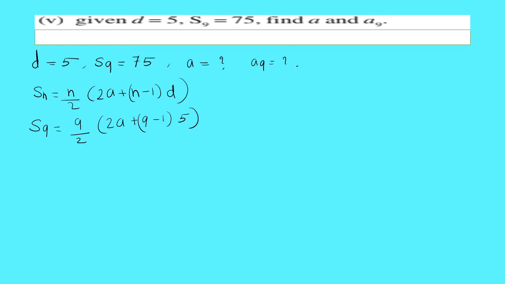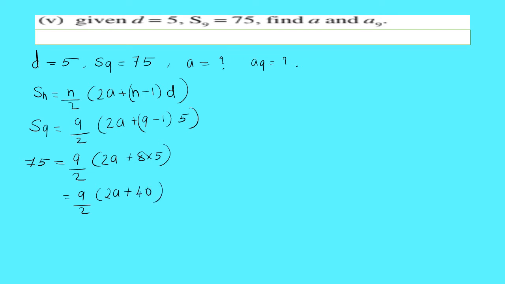Now S9 is 75, so you can write it as 75 equal to 9 upon 2 multiplied by 2a plus 8 multiplied by 5. That you can write as 9 upon 2 multiplied by 2a plus 40.